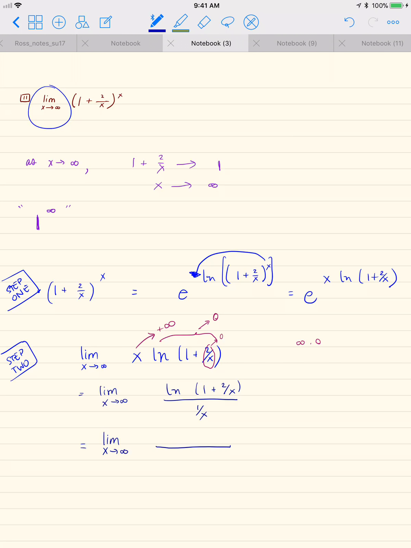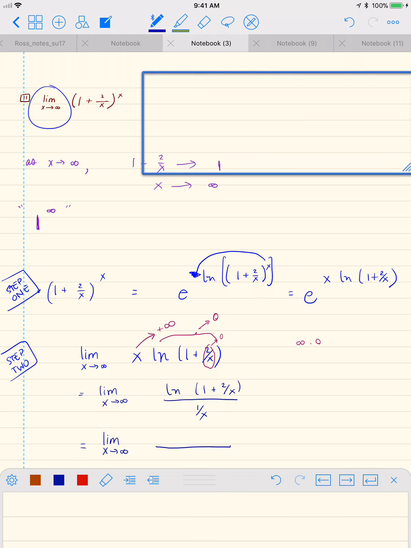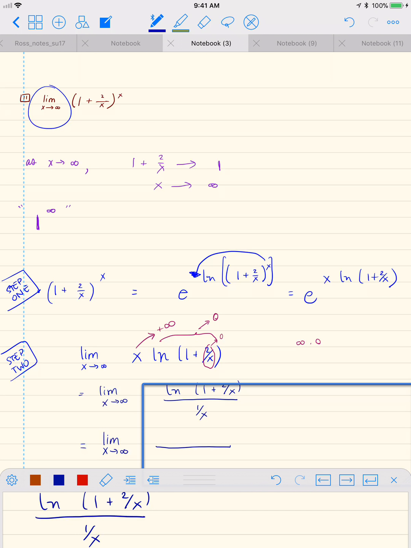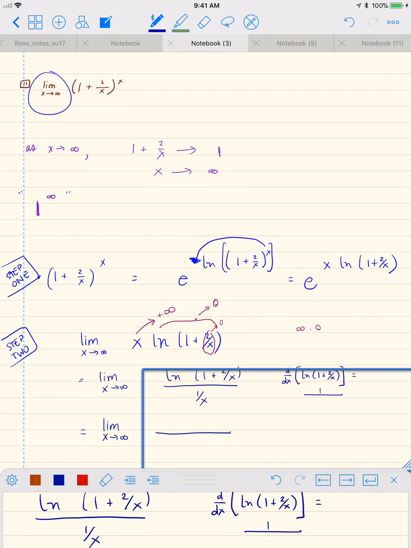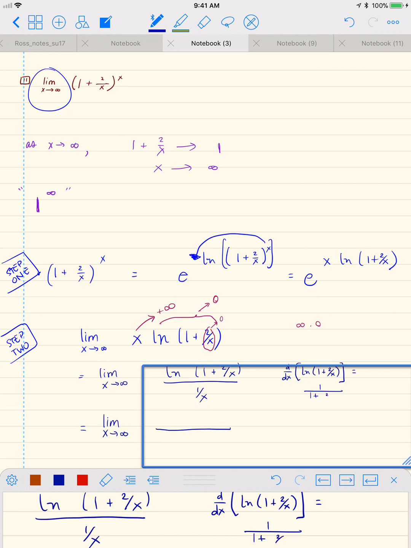Maybe we do a little side bubble. So we have the natural log of 1 plus 2 over x. We need the derivative. This is definitely chain rule. So we'll have 1 over the inside, which is 1 plus 2 over x, times the derivative of the inside.